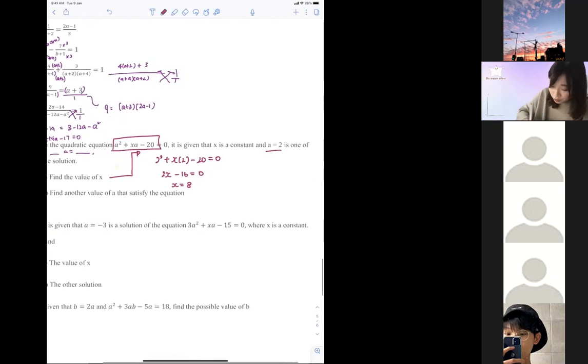Once you found x equals to 8, when you find the other value, you must sub x back here. Remember to sub x back. So you will have a squared plus 8a minus 20 equals to 0. Then you can factorize. There will be two answers. One of it will be a equals to 2. You reject that. You want the other answer.